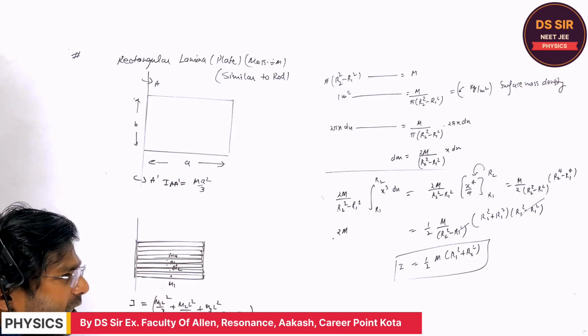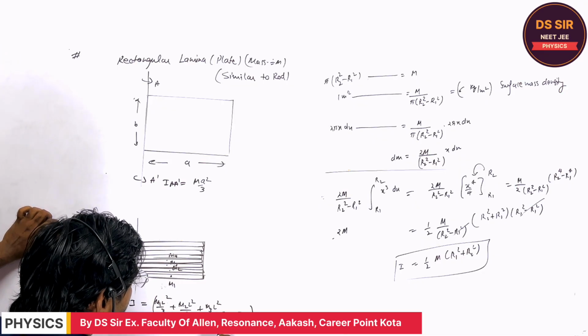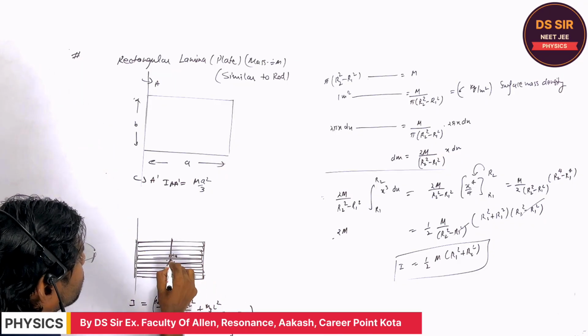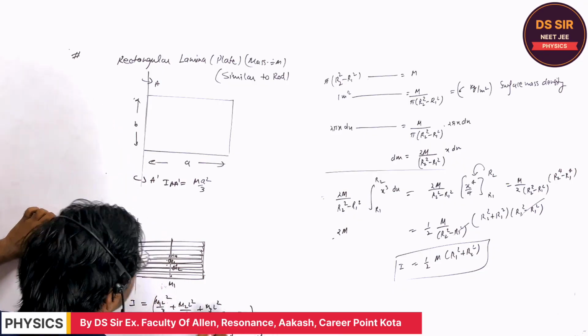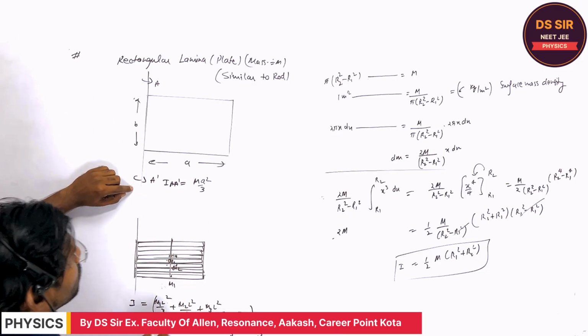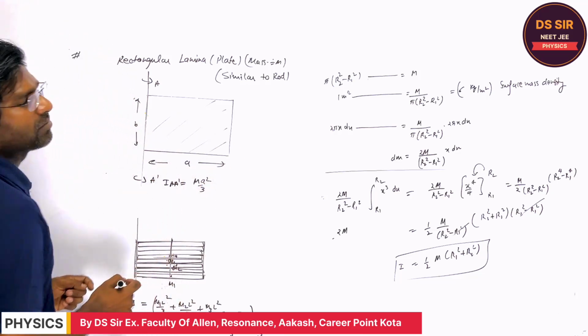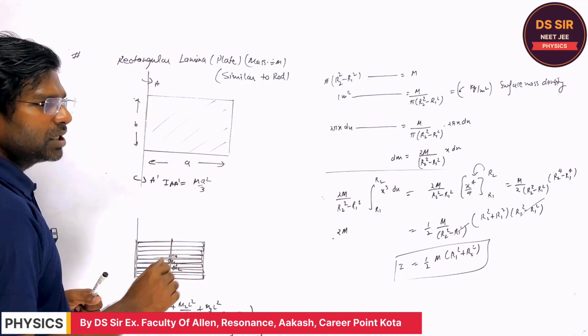They form a rectangular lamina. So M1 plus M2 plus M3, times L square by 3. What is the total mass of the system? The total mass is M, so M L square by 3. Is it clear or not? So about one end, the rectangular lamina acts as a rod. So this is the rod. Do you understand this thing or not?